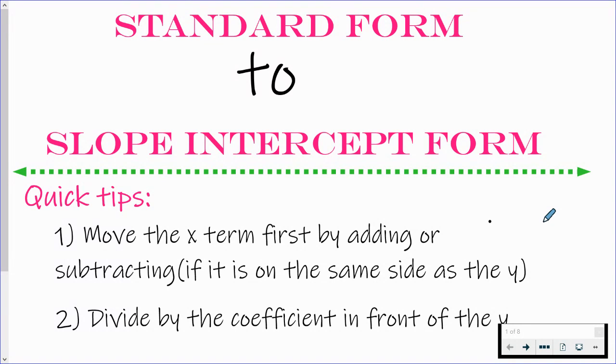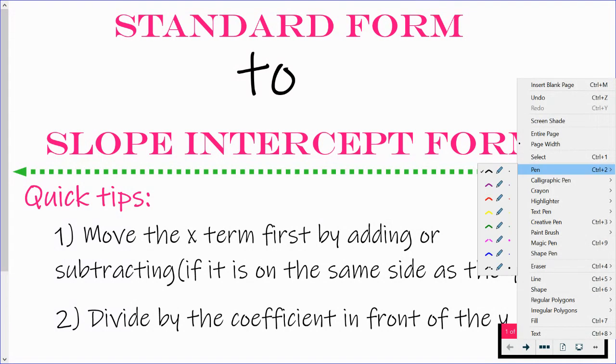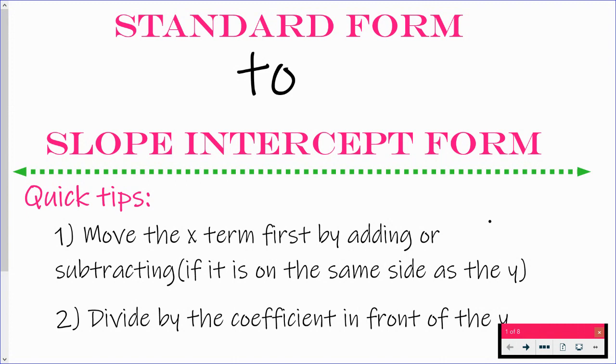Okay, so a couple quick tips on going from standard to slope intercept form. First off, you want to move the x term first by adding or subtracting. And that's if it's on the same side as the y.